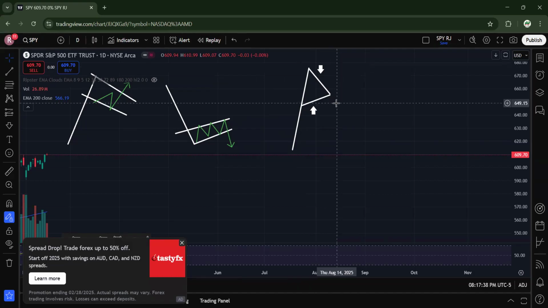So you really want to be patient on this type of pattern, and this type of pattern is more prone to fake outs. I'll tell you that now. It's more prone to fake outs, but it is still a high probability setup. You still want to mainly look to trade it the way from which it came. Okay. So if it's a bullish pennant, still try to look for upside mostly.